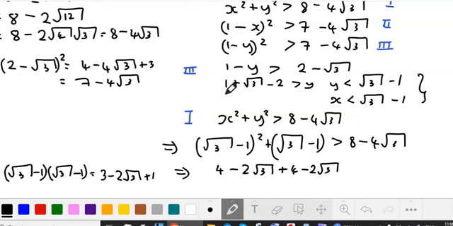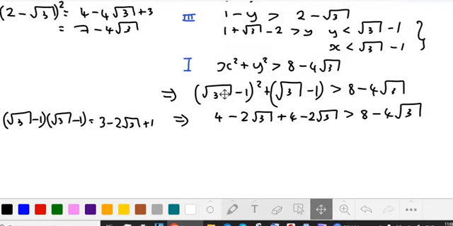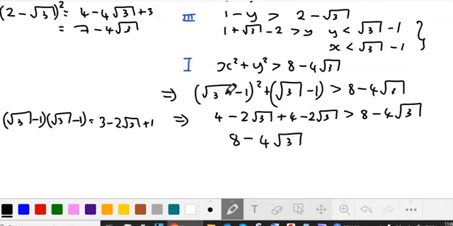So that implies that that is greater than 8 minus 4 root 3. But if we look at the left-hand side, we see the left-hand side is actually 8 minus 4 root 3. And that implies that this number is greater than itself.